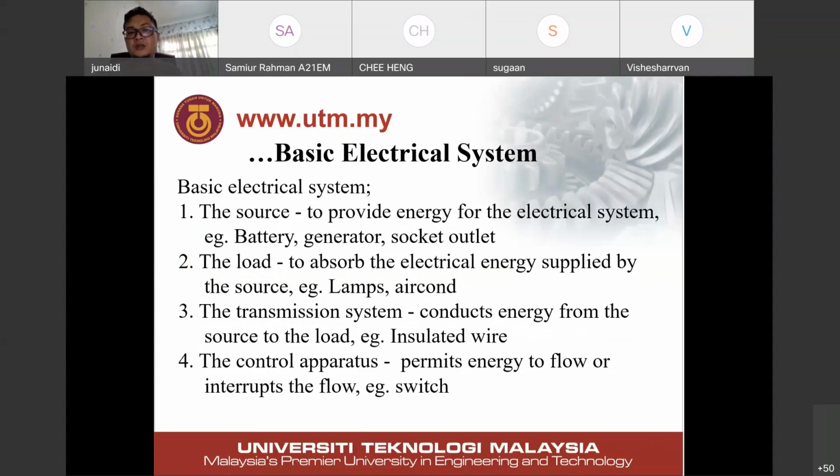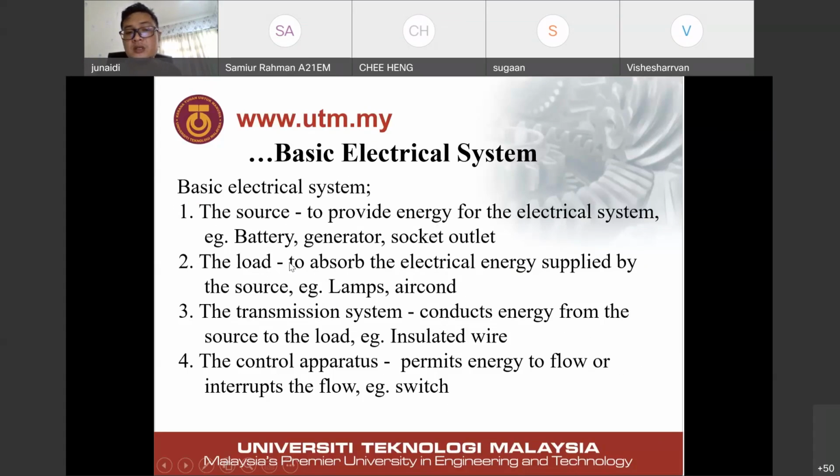So for the basic electrical system, the source will provide energy for the electrical system. For example, it comes from battery for small appliances like your toys, the kid toys, and maybe big boy toys pun sama juga using battery. Okay, generator might be socket outlet, so that is the source lah, which provides energy for the electrical system.